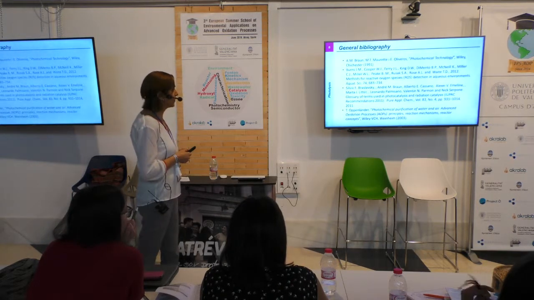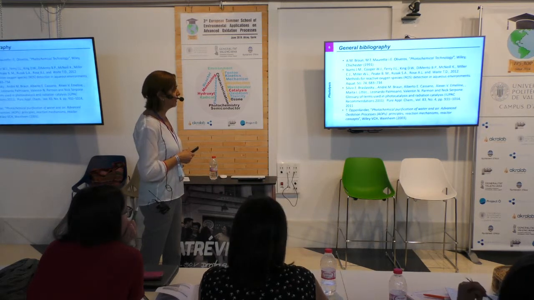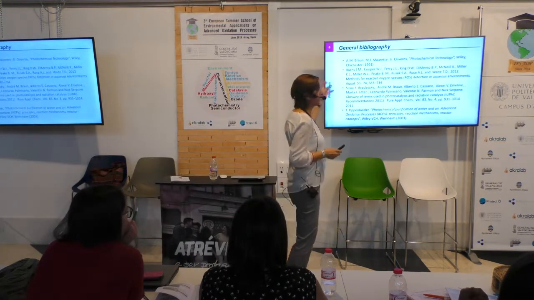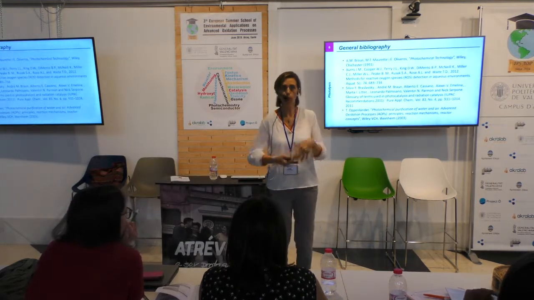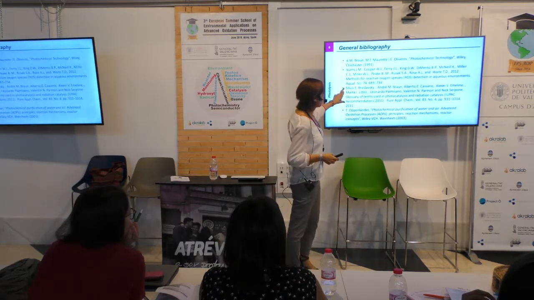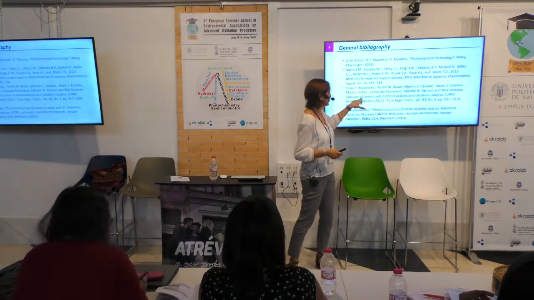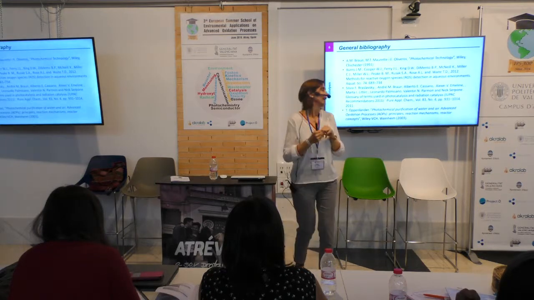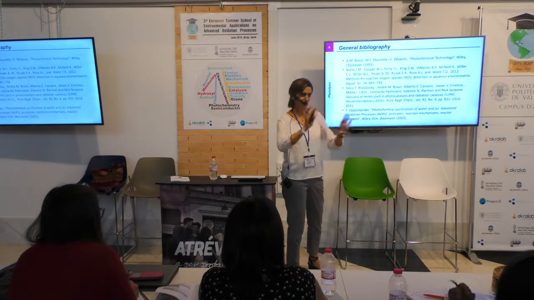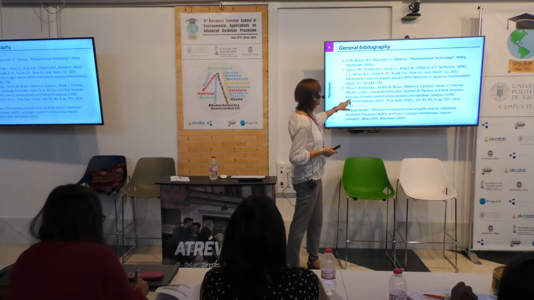I wanted to give you some general bibliography. The first one and the last one are like textbooks on photochemistry, very complete with a lot of information. This is an interesting paper that is important in order to use, let's say, official vocabulary when you work in photochemistry, because there is a lot of misunderstanding on nomenclature, and this is very good.